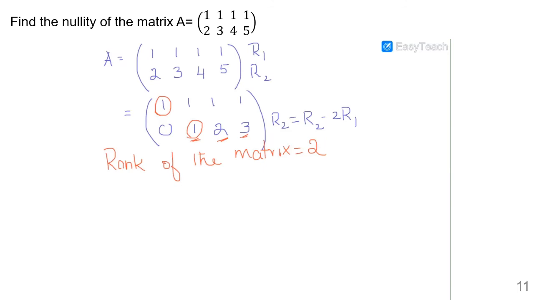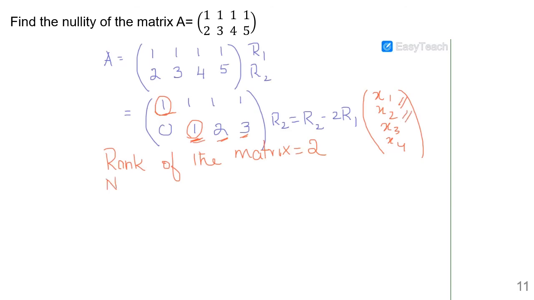Let me multiply this by x1, x2, x3, x4. Corresponding to this I have x1, corresponding to this I have x2.